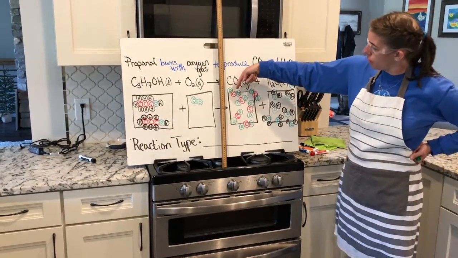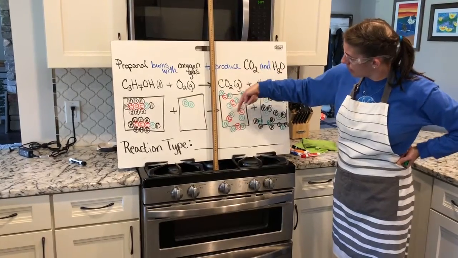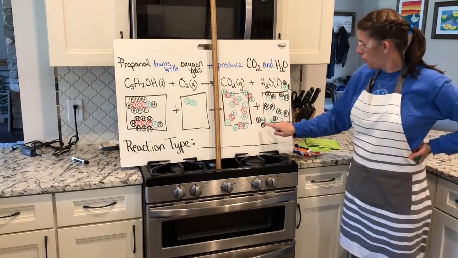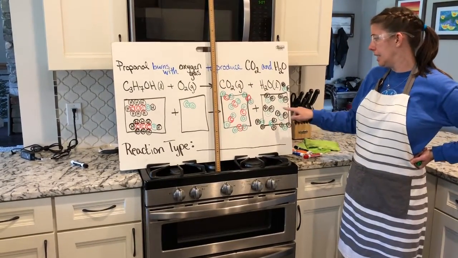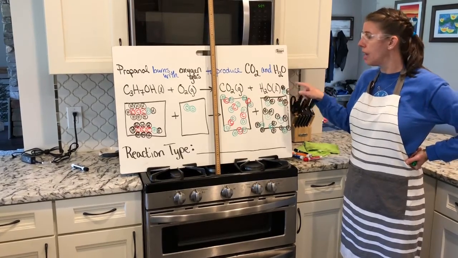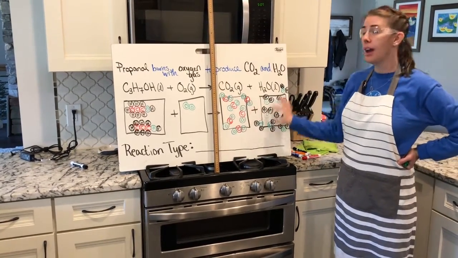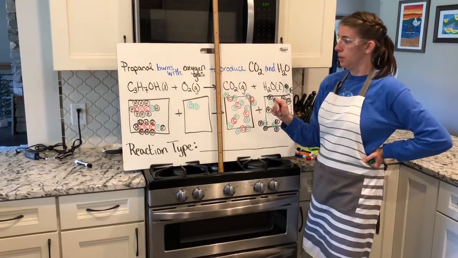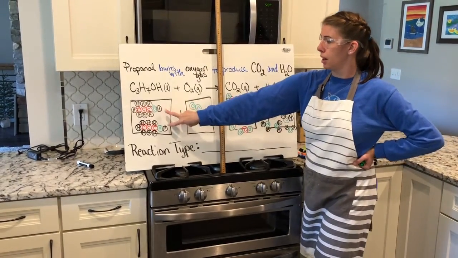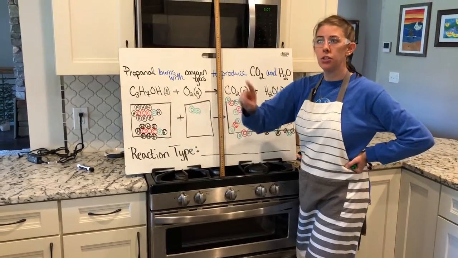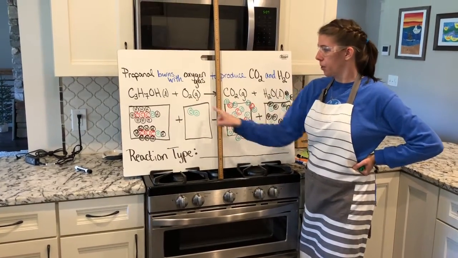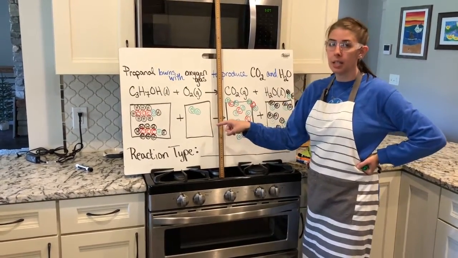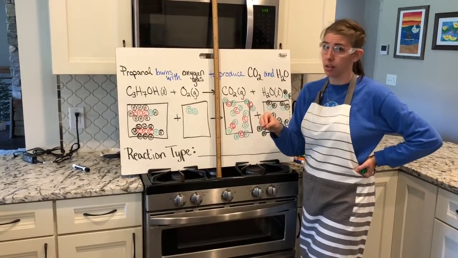Over here, I've got 2, 4, 6, 8, 10, 12, 13, 14, 15, 16, 17, 18, 19, 20 oxygens. On this side, I have 20 oxygens. So on this side, I need 20 oxygens. So I've got 2 right there. 20 minus 2 is 18. So in here, I need 18 oxygens, and they come in pairs.